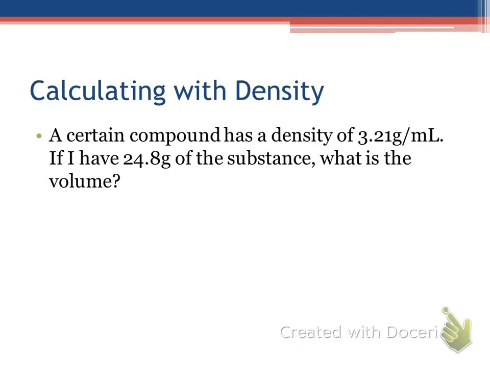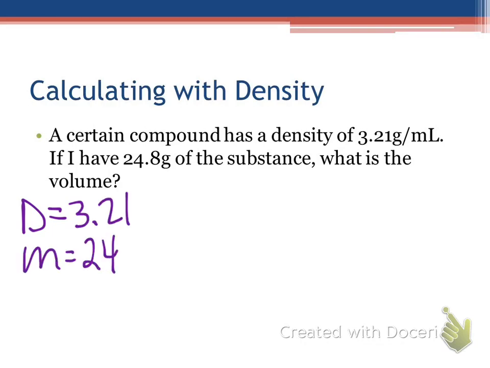I like to write what I know before I start plugging it into my equation. Density is 3.21. Mass is 24.8. Volume is what I'm solving for. I don't know what my volume is.